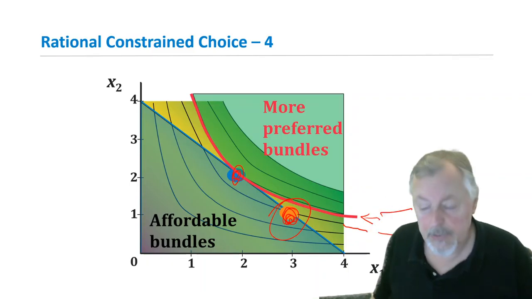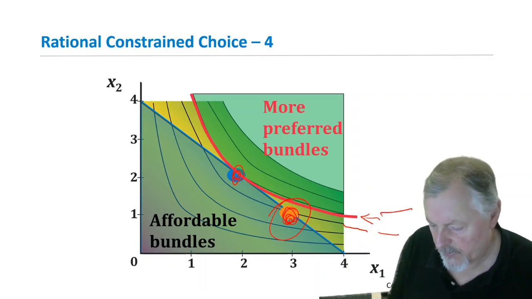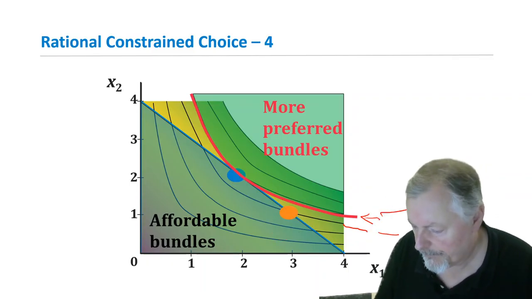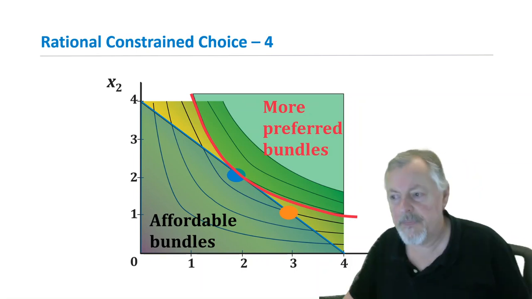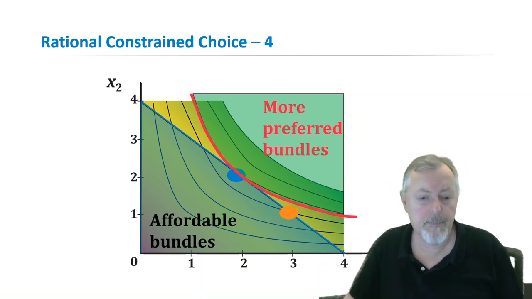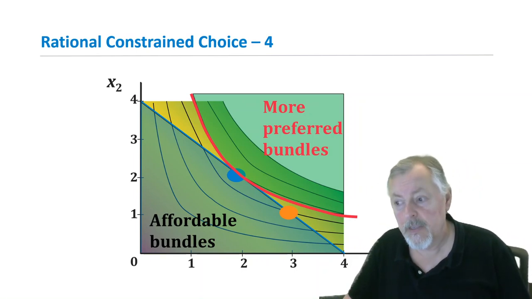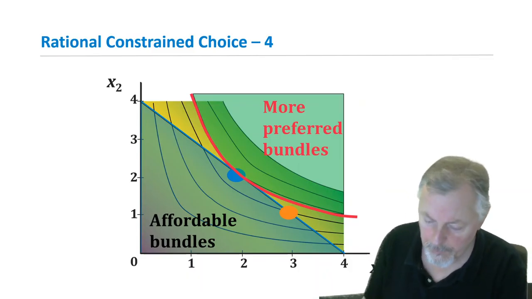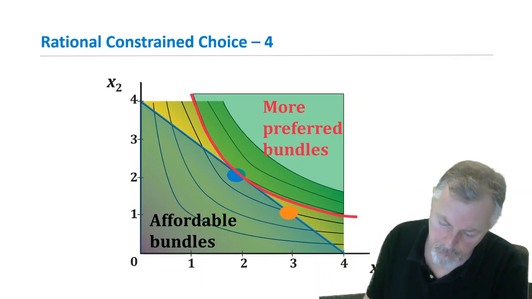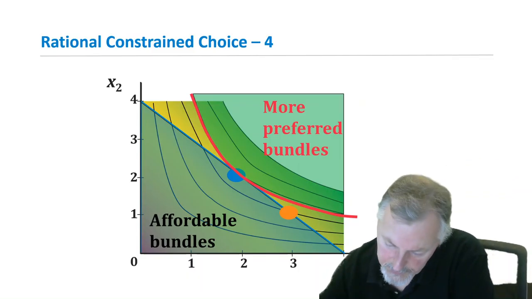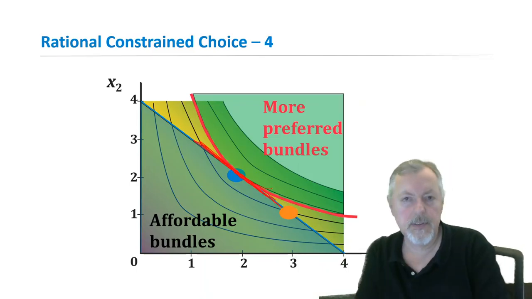Geometrically, hopefully, you can see that the choice the person will make, the bundle that they can afford that will make them happier than any other, is the one where the indifference curve is exactly tangent to the budget constraint.